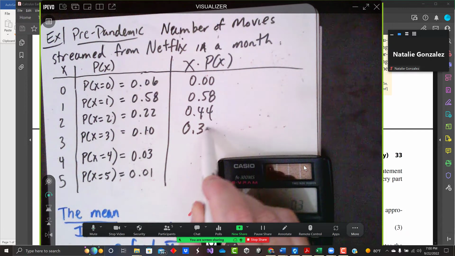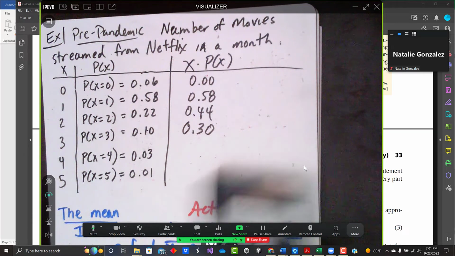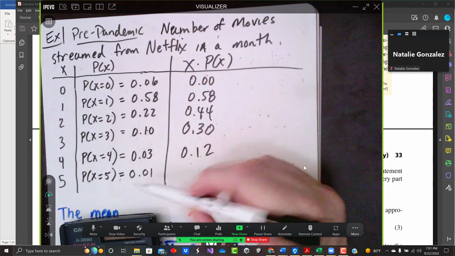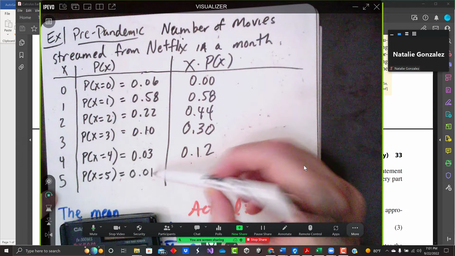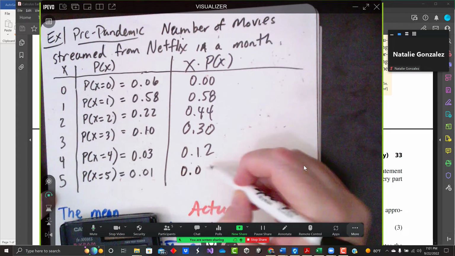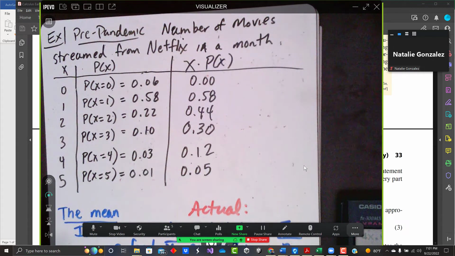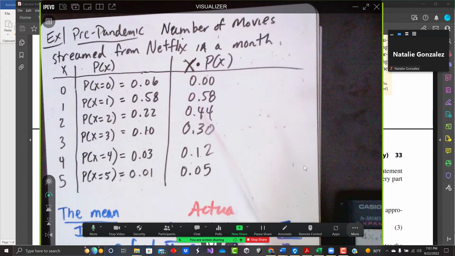I'll put 30 just so that I have the same number of decimal places. 4 times 0.03 is 0.12. And I got a 1 here, so anything times a 1 is that value. 5 times a 1 is a 5. And I got a 0.0 before that, so 0.05. That is my x times p of x column.